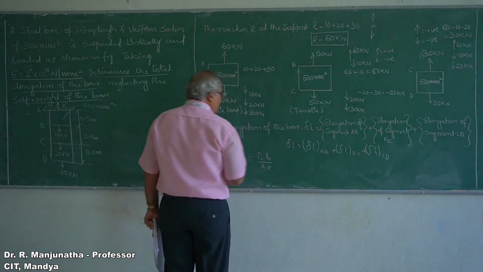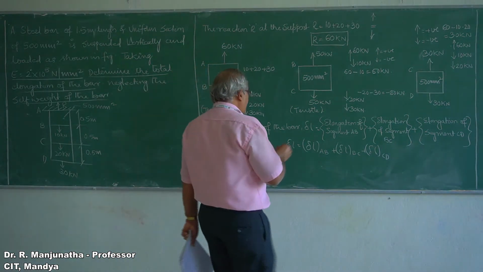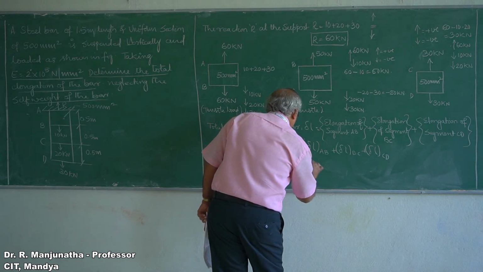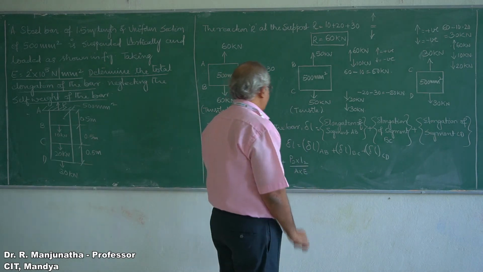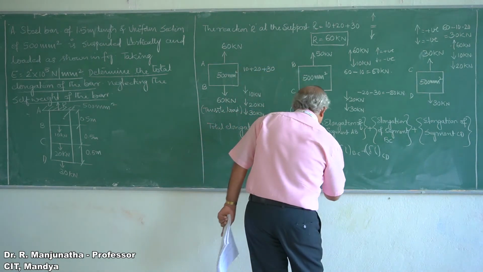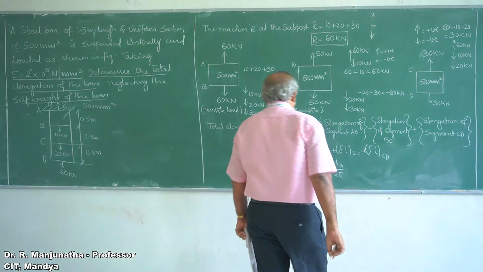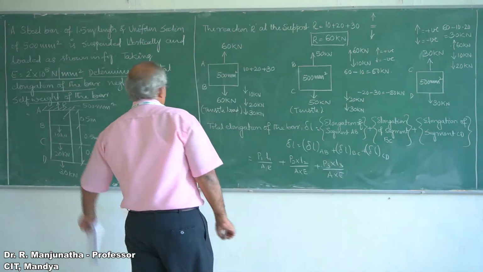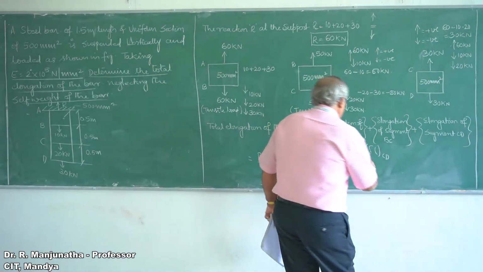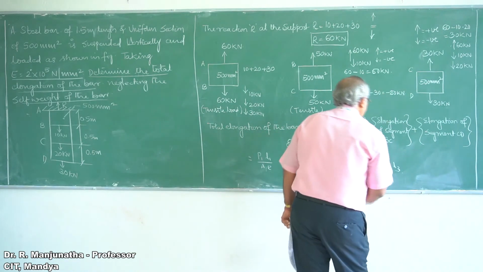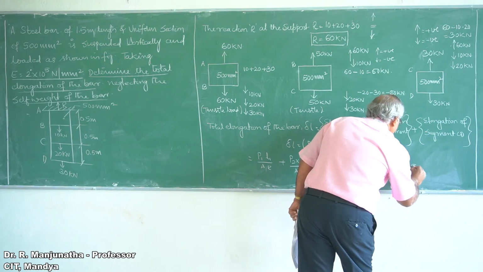Plus similarly P2 into L2 by A into E, because of uniform cross section, plus P3 into L3 divided by A into E. Here L1 is equal to L2 is equal to L3, which is 0.5 meters each.